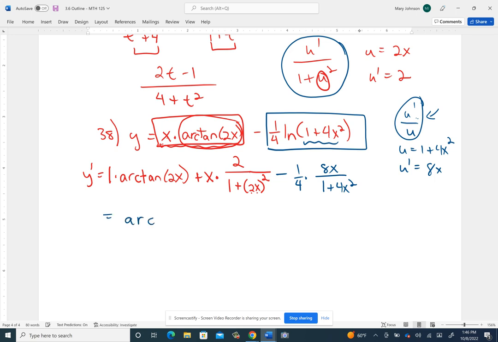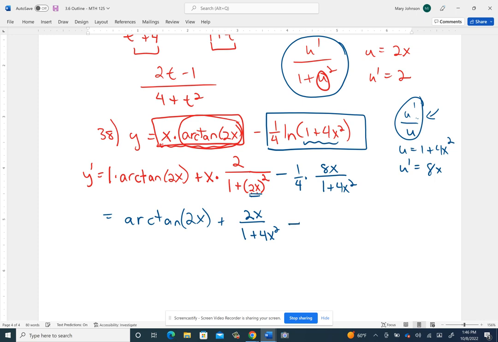So I get here arctan of 2x. Make sure you're thinking about that being grouped. Arctan of 2x is all part of the arctan, the input to arctan. Here, I would have 2x on top and then 1 plus 4x squared, because that's 2x times itself. 2x in parentheses squared means 2x times 2x.